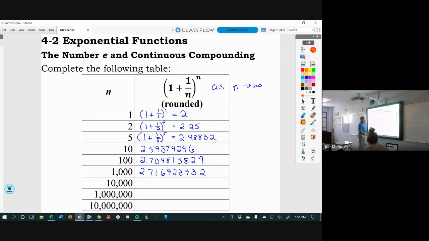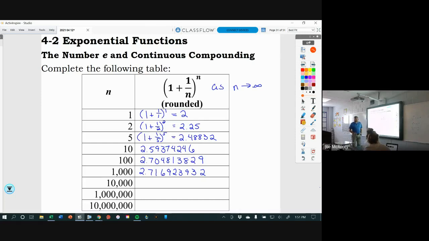Mason, 10,000. I got 1, which I don't think is correct. Okay, 1 million.